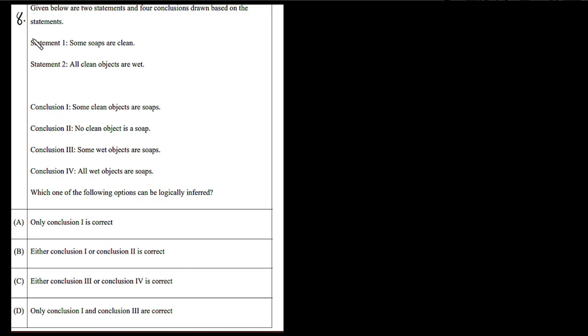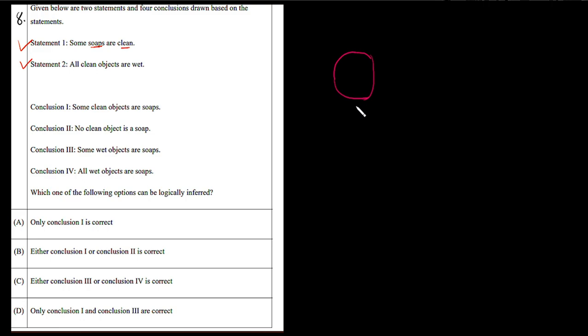So now first of all focus on these 2 statements. Statement 1 says some soap are clean. So now here we have 2 things. First thing is soap, and the second thing is clean. So I have to draw 2 circles. Again I have to draw a Venn diagram to solve this.